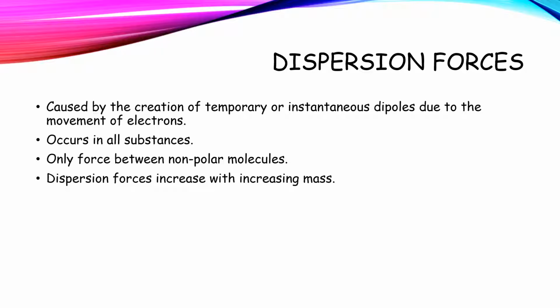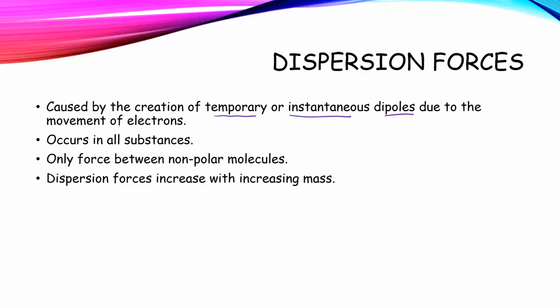We know there must be some sort of force between nonpolar substances and even atoms such as noble gases, because they can be converted into liquids and solids. Now, those forces are caused by the creation of temporary or instantaneous dipoles, and this is due to the movement of electrons.